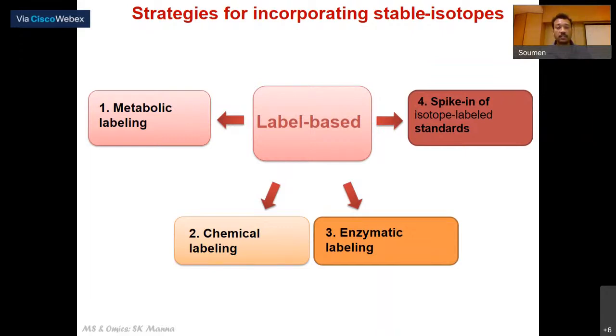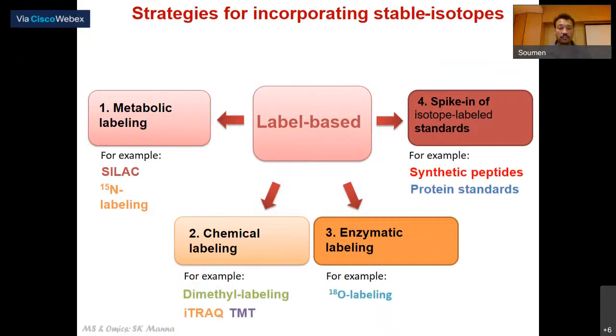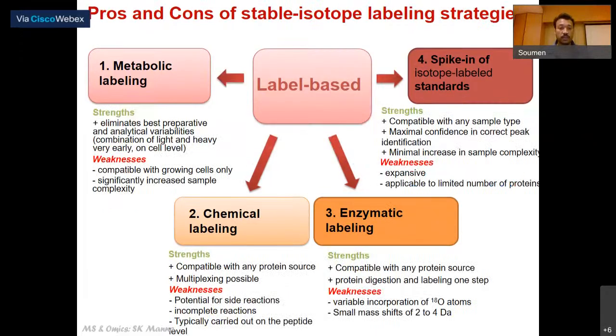One can be metabolic labeling, which is SILAC. Another can be the spiking of isotope-labeled standards, which is typical practice in both lipidomics and proteomics, or there can be chemical or enzymatic labeling. So these are different labeling technologies, and here are some of the strengths and weaknesses of each. Because of the want of time, I will skip reading those.